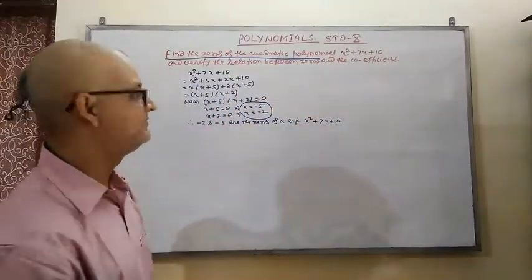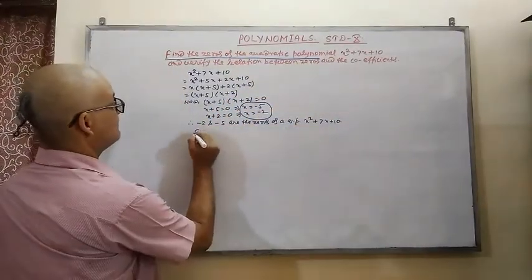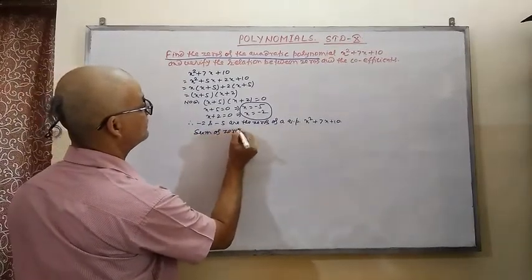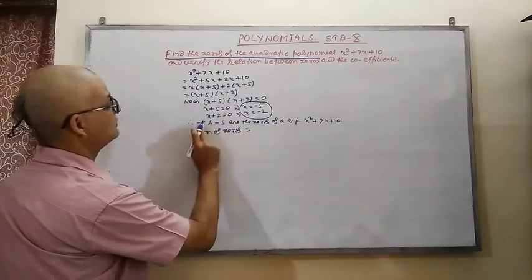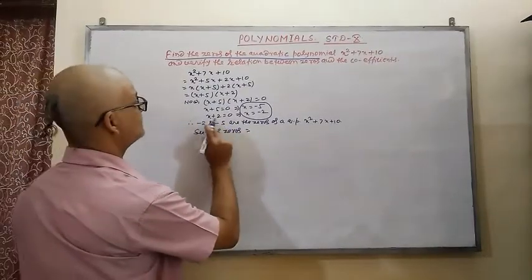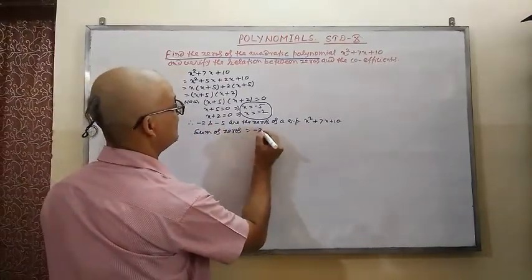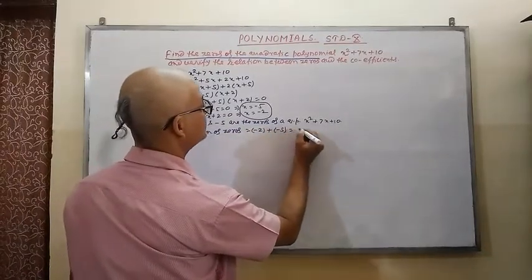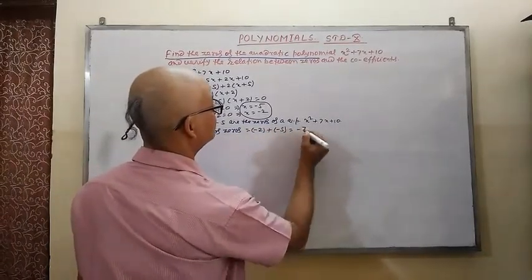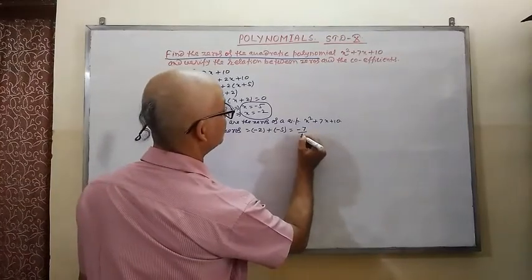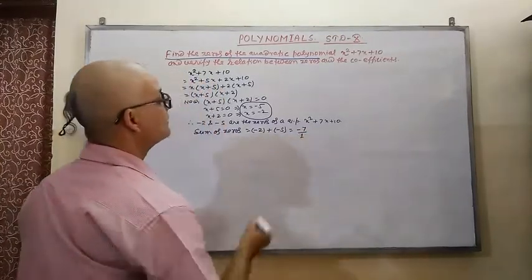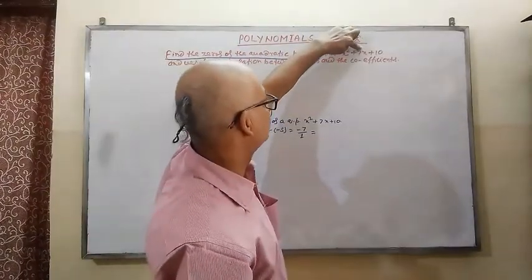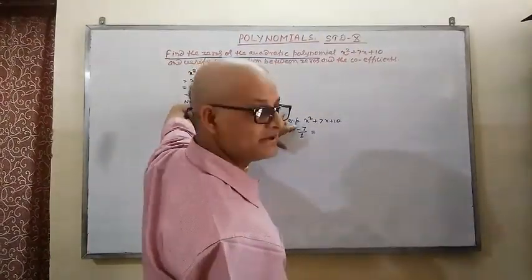So now we will verify. Sum of zeros. Minus 2 and minus 5 are the zeros, so their sum is minus 2 plus minus 5, that is equal to minus 7. That minus 7 can be written as minus 7 by 1. Now 7 is the coefficient of x and here it is minus 7.